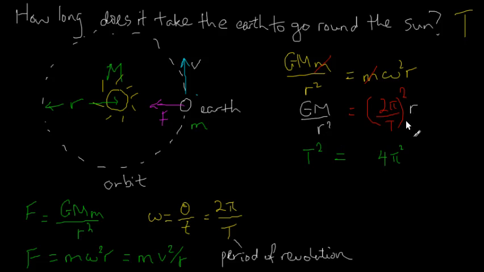R squared I can bring over to here, gives R cubed. And GM, I can divide both sides by G and big M, so that brings GM over to this side. So now I have a formula for T. Now, if I can find R, G, and M, I should then be able to calculate this and take the square root and get T.